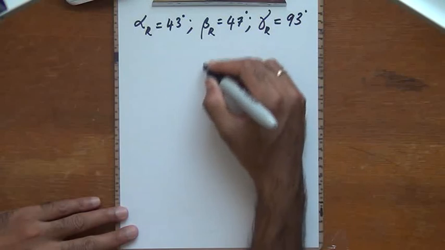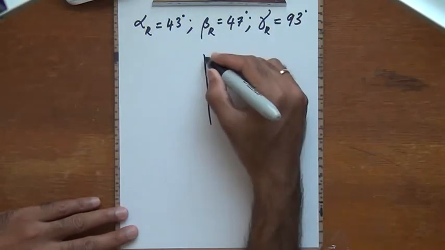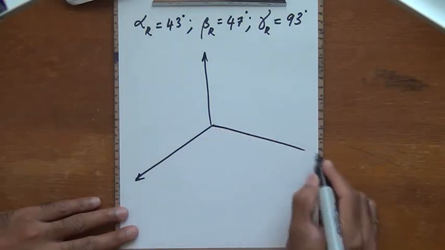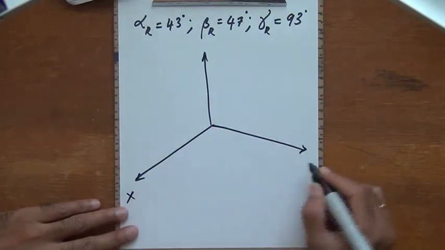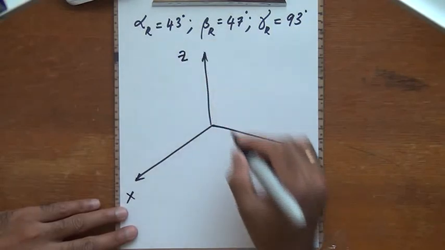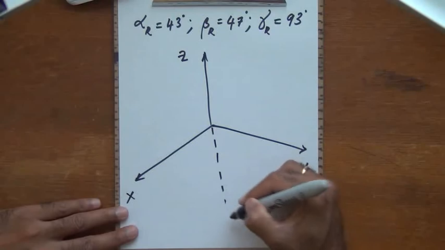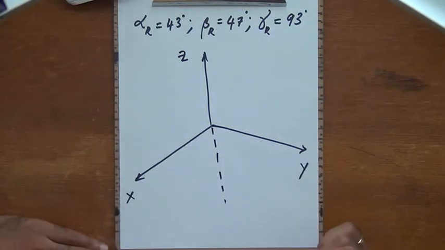And so if I draw the force vector, I have the positive z-axis, positive x-axis, positive y-axis, so x, y, and z. I'm going to draw the negative z direction right there.